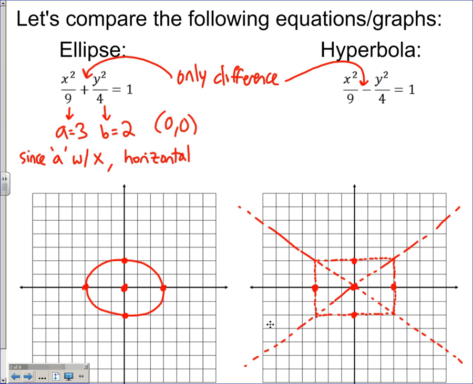The vertices on my ellipse, we can label them over here, were 3, 0, and negative 3, 0. Right, those points that were on the end. We're going to start at those points, and we're going to graph our curve going towards the asymptotes. I'm actually going to switch colors so it looks a little bit neater.